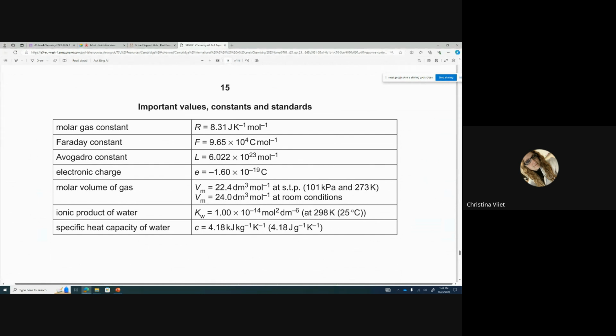Your questions, because you do a lot of practice problems, you're probably going to memorize it, but just in case you need it at the end of the year on the Cambridge exam and on the Unit 3 test, I'm going to give you this paper, okay? It's your little helpful sheet, this is what you get.